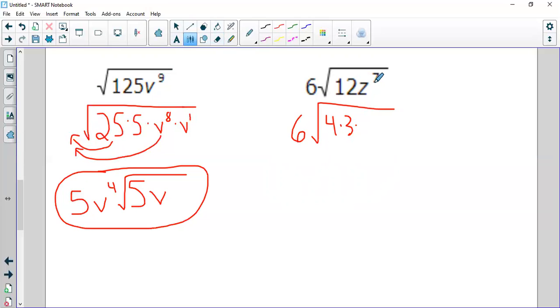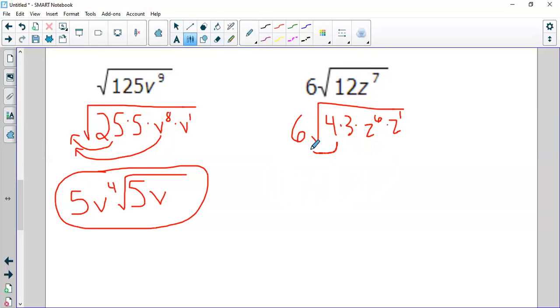And the z to the 7th power, I'm going to break that into z to the even exponent below it, 6th power, times z to the 1st power. It's always going to be 1 less than that, and then 1. That's how we get 7, or whatever this number is. 1 less than that plus 1 makes it again.